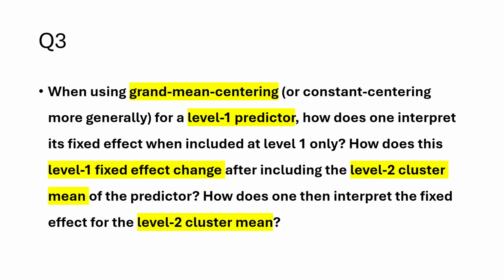And so when you're grand mean centering, what is in a level 1 predictor? It's still everything. All you did was shift it over somewhere. The level 1 predictor still has within and between, and so the vocab word, what would it be? Smush. Yeah, smush. And so how would it change the smushed effect once you add the level 2 cluster mean into the model?